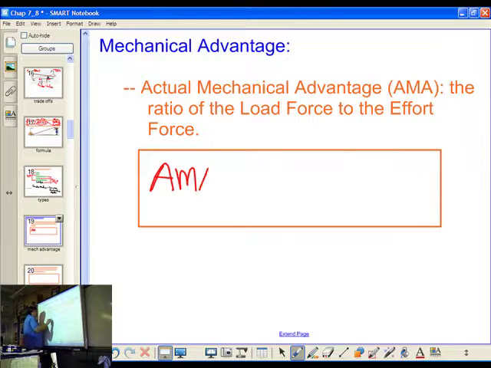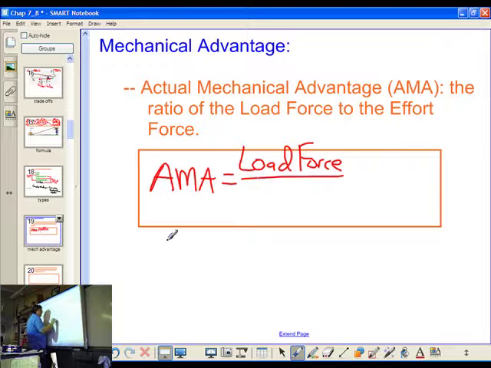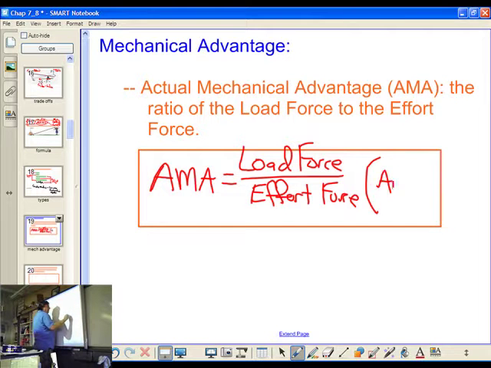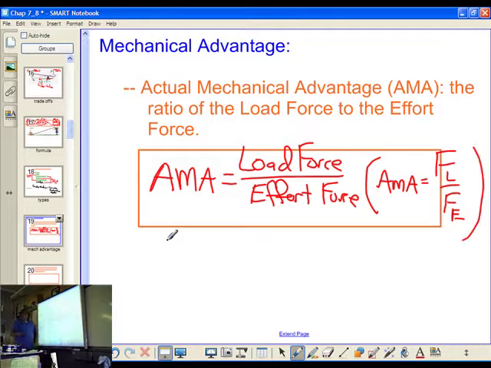So AMA is going to be our load force over the effort force. AMA equals FL over FE, like that.